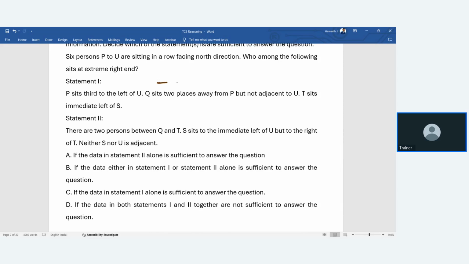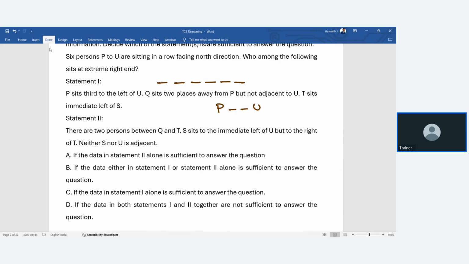First, always we have to try 1 alone, 2 alone. Not possible, then only go for together. First, 1 alone I am trying. P sits third to the left of U. U, first left, second left, third left is P. Q sits 2 places away from P, but is not adjacent to U. 2 places away from P means second right or second left.